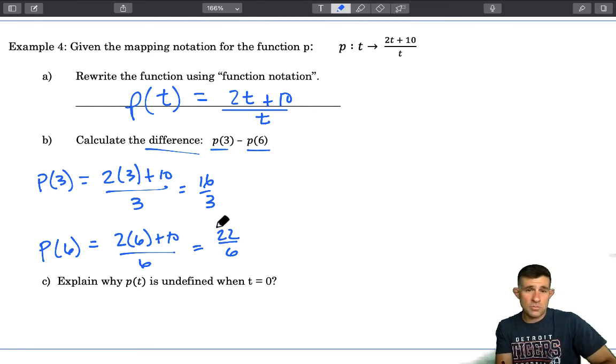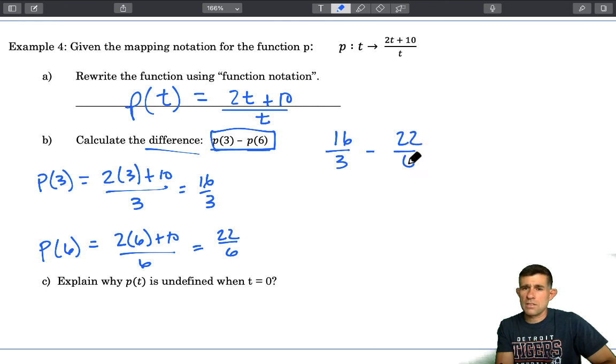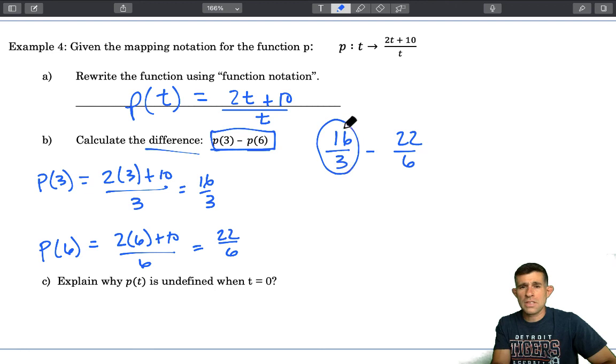Next up, we have to subtract these two because we are going to evaluate this p of 3 minus p of 6. So that means we have to take 16 thirds and subtract 22 sixths. All right, if you remember way back to middle school, or maybe this was elementary school, in order to subtract fractions, you had to have a common denominator. So we need to double 16 thirds, and that's going to give us 32 sixths.